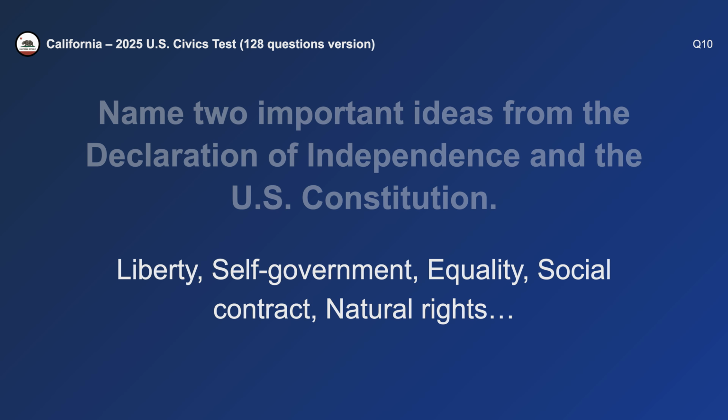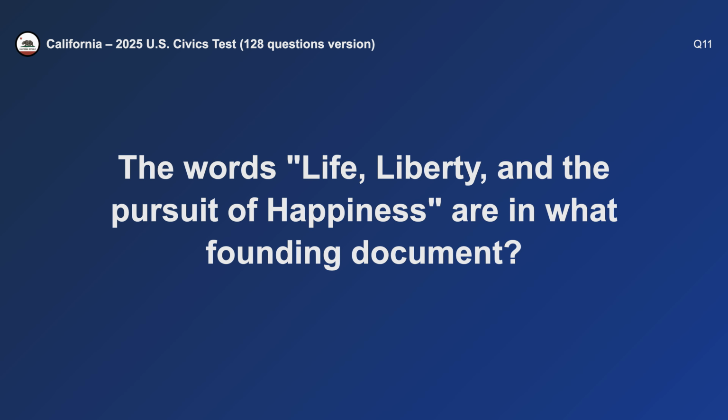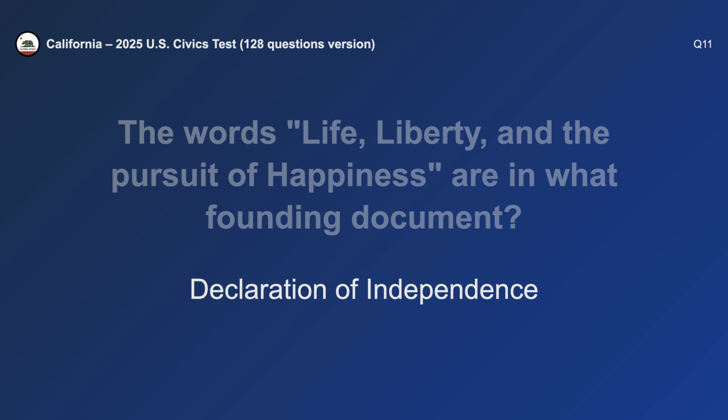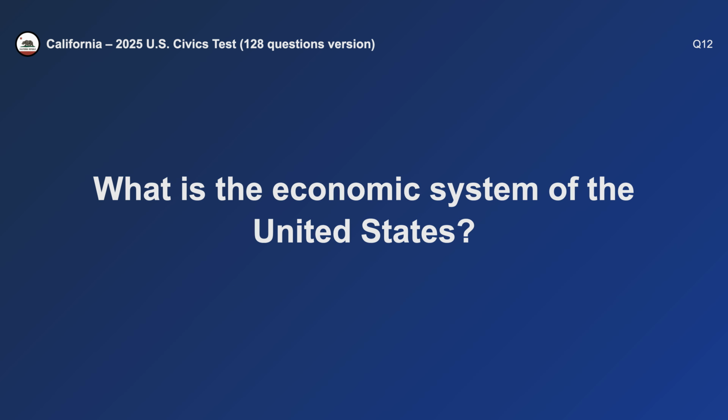Liberty and self-government. The words life, liberty, and the pursuit of happiness are in what founding document? Declaration of Independence. What is the economic system of the United States?